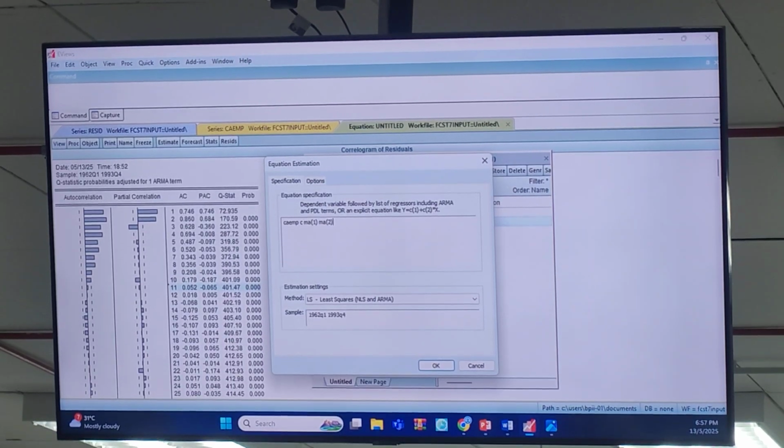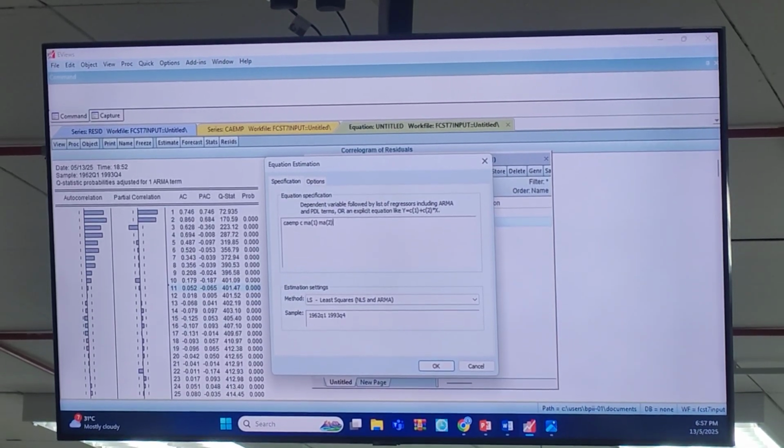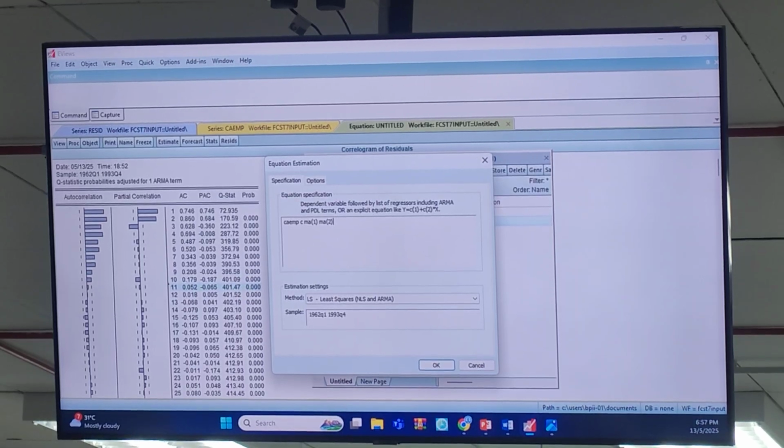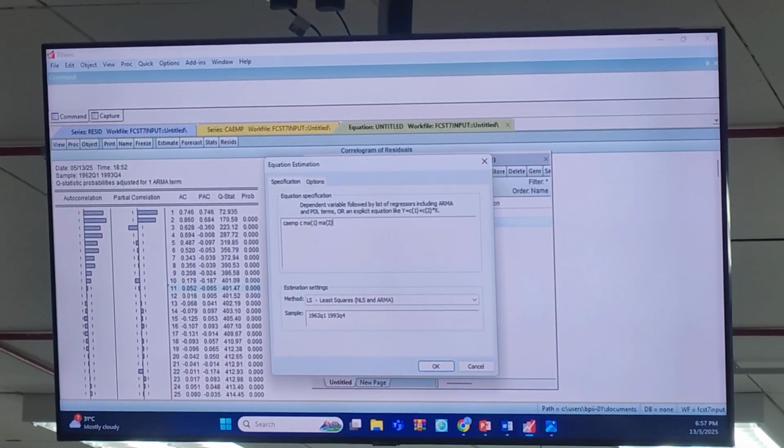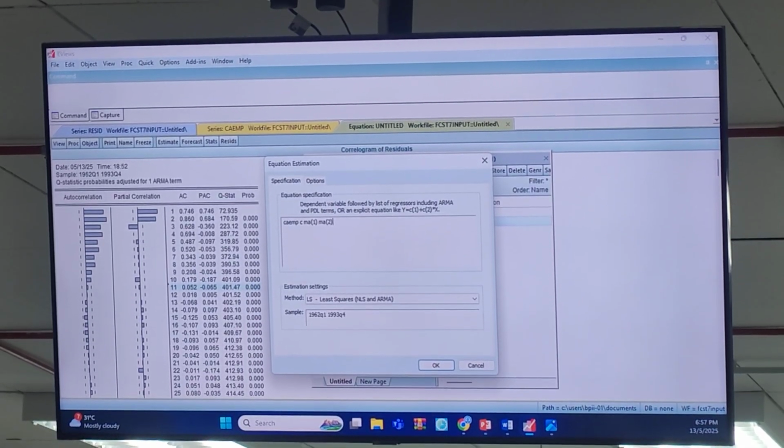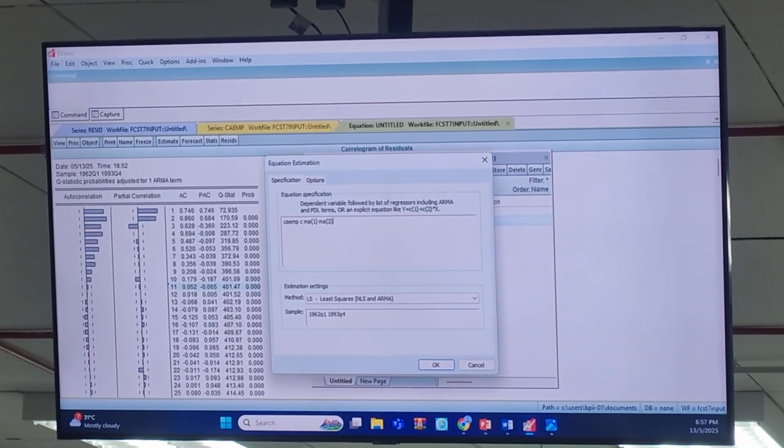Just add the additional term MA2. If you want to estimate MA2, don't only put MA2. I noticed that some students, not from my class, who didn't take the class, just put MA2 without MA1 when they estimate the model.